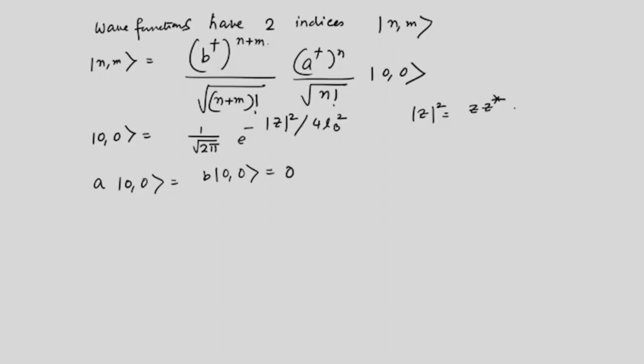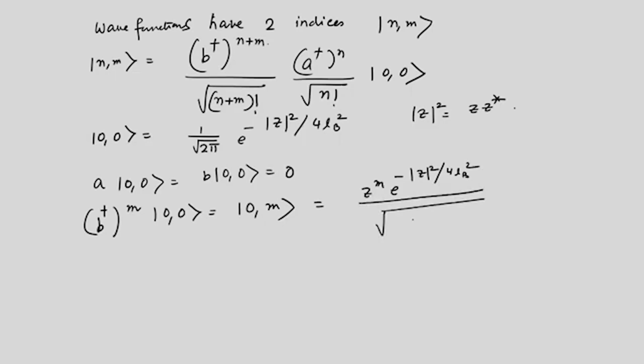So, you cannot annihilate any further, and if you successively apply b dagger m times on 0 0, you will get a state which is 0 m, of course, because it builds up the m values, and this will give us z to the power m exponential minus mod z square by 4 lb square, and the normalization is 2 pi 2 to the power m factorial.